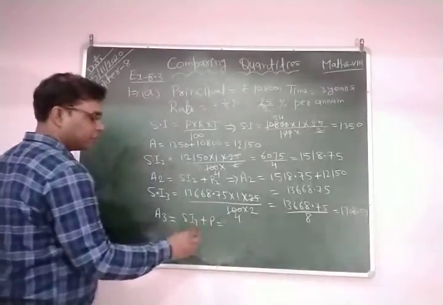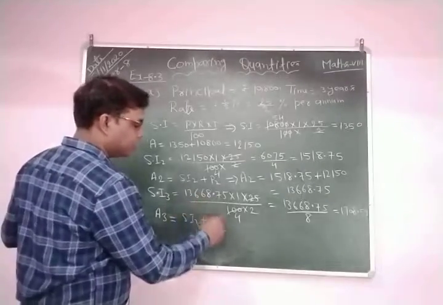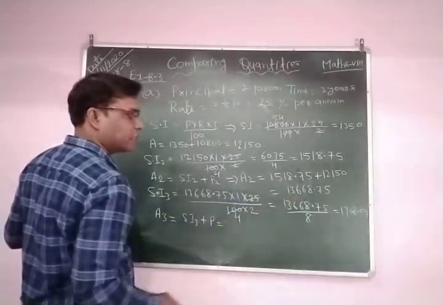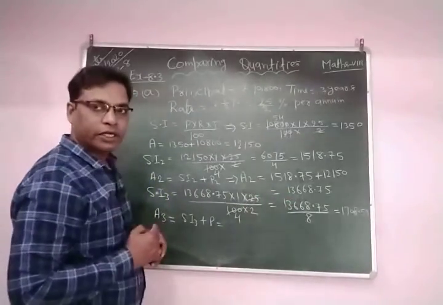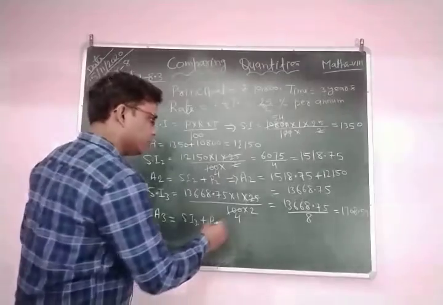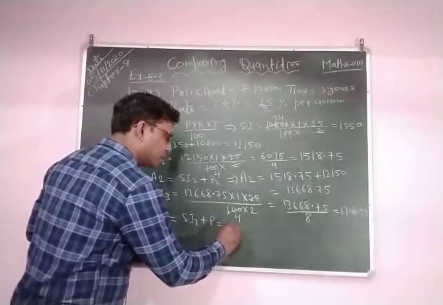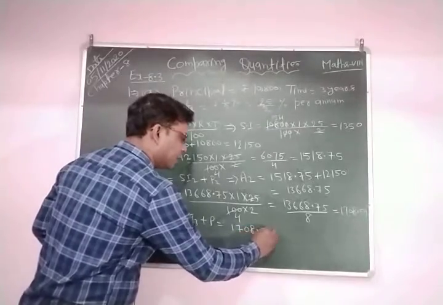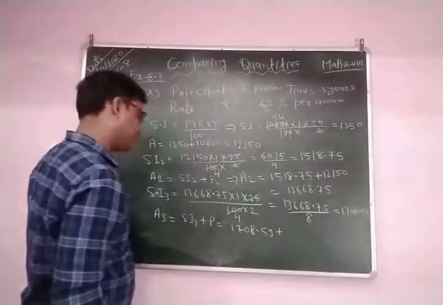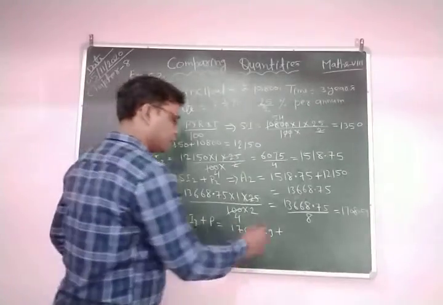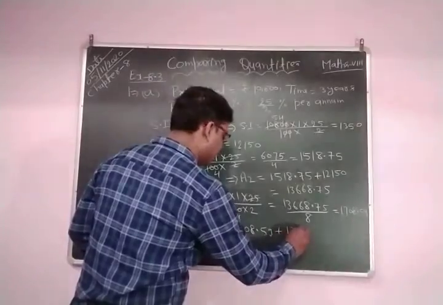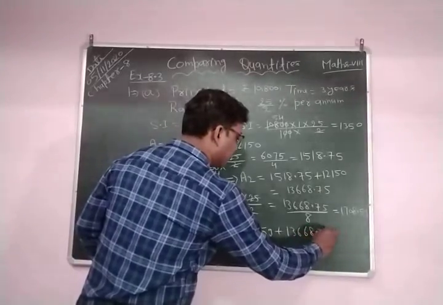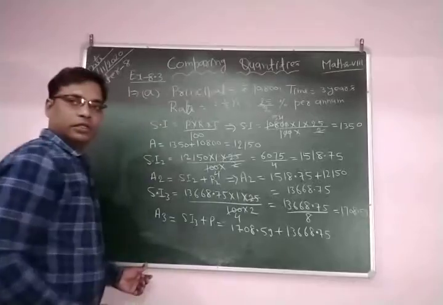So principal is here 13,668.75, and simple interest is 1,708.59. This is equal to 1,708.59 plus 13,668.75. Clear?